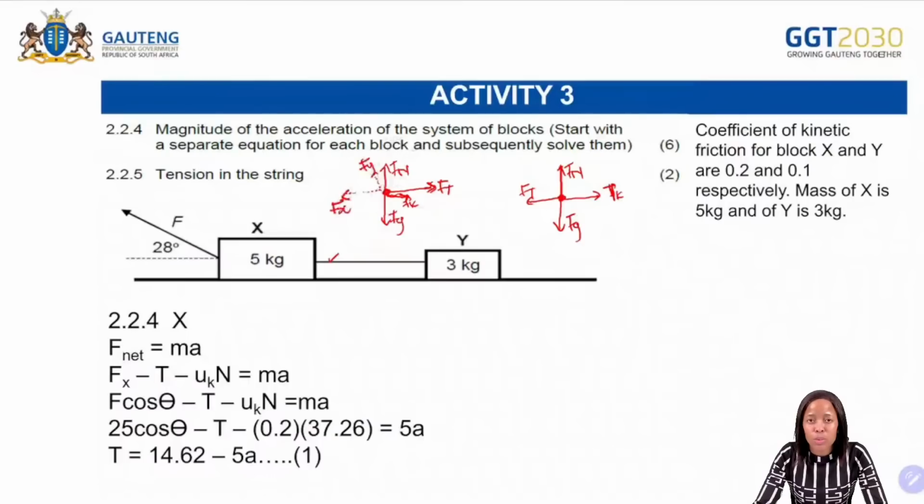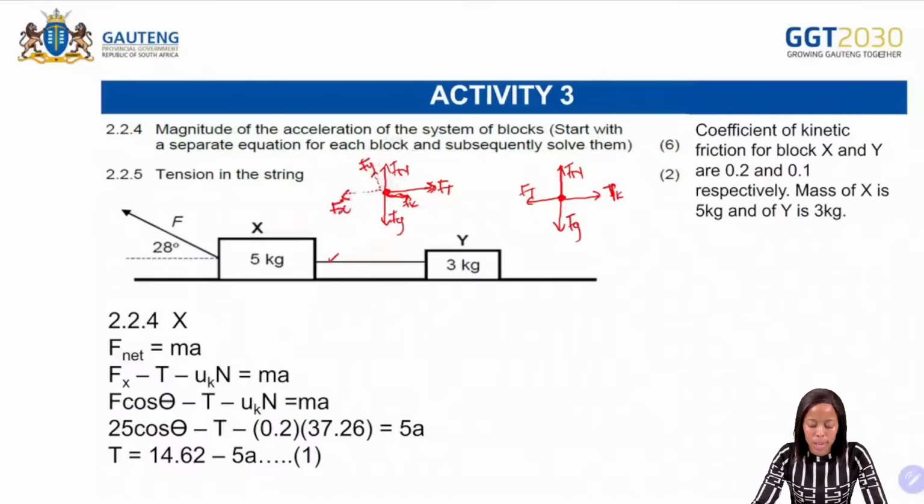So what is it that we are going to focus on when we are calculating the acceleration? We are going to focus on the horizontal forces. Okay. So let us start with the one for x. What are the horizontal forces that we have? So number one, let's focus on the movement. Where is it moving? They said that both blocks are moving to the left-hand side.